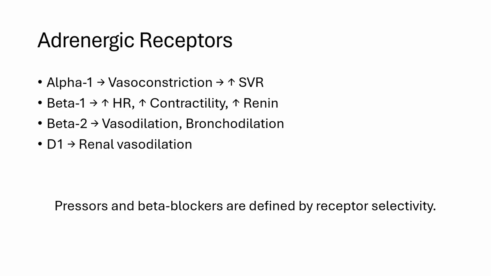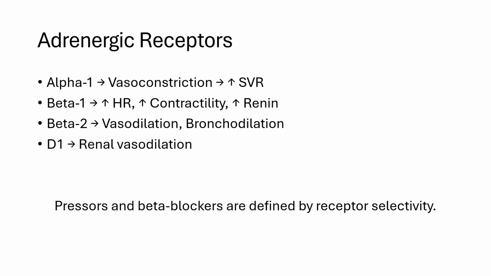Beta-1 receptors are located primarily in the heart and the juxtaglomerular cells of the kidney. Stimulation of beta-1 receptors increases heart rate, increases contractility, and increases renin release. Blocking beta-1 lowers heart rate, lowers contractility, and reduces RAAS activation.